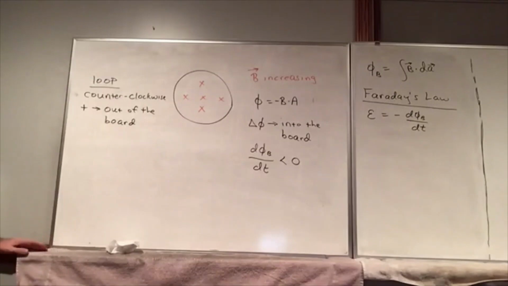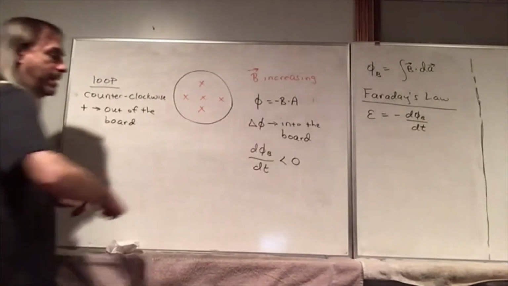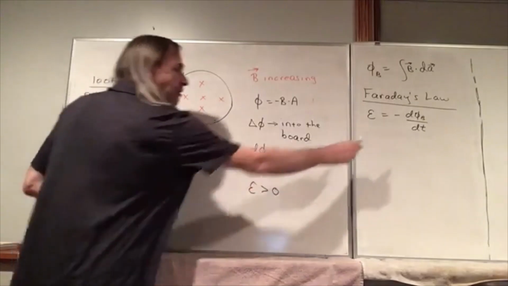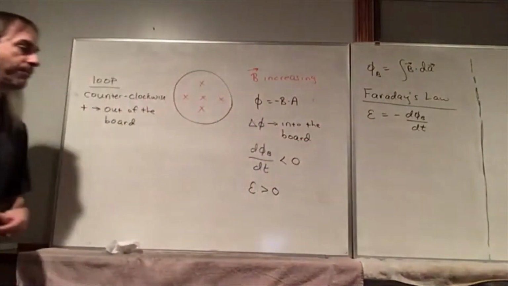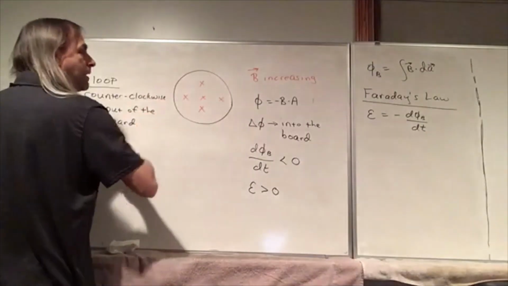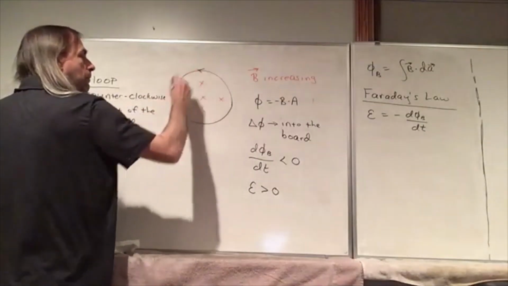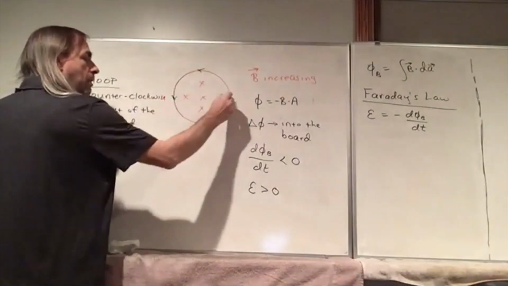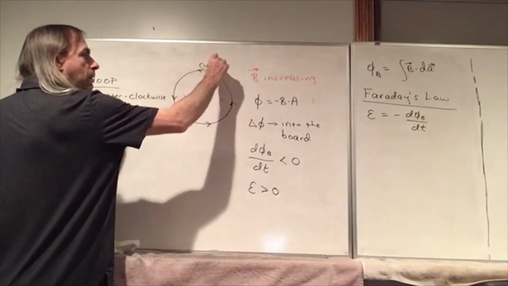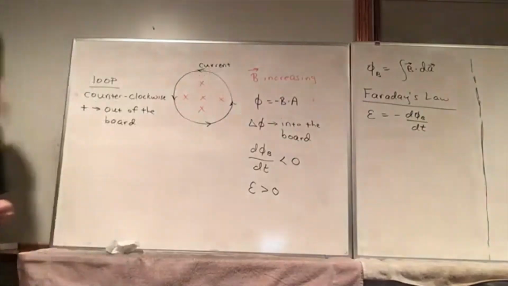And so the EMF is then positive because we have this minus sign in front. So the EMF is positive, and so that's going to create a counterclockwise current. So now we can draw the current, which is counterclockwise.